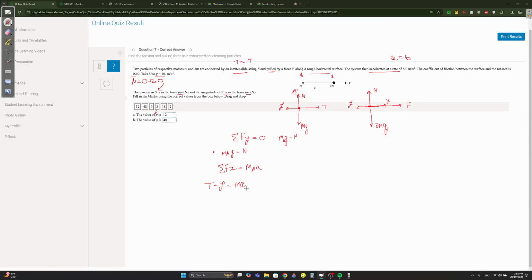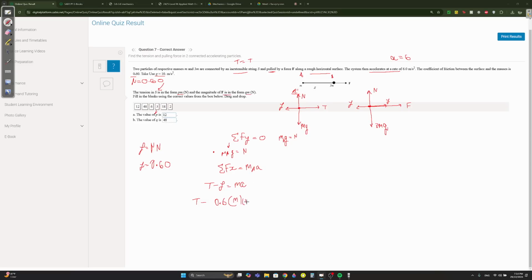Let's substitute now. What is friction equal to? It's mu N. What's mu? It's 0.6. What is N? It's mg. So T minus 0.6 times mg. What is g? g is 10.